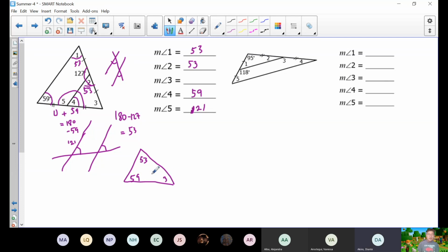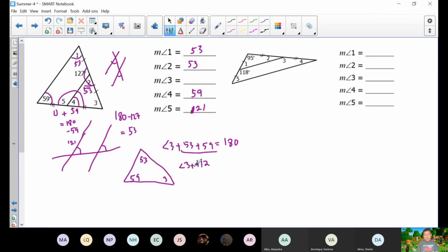A triangle always makes 180, right? So angle 3 plus 53 plus 59 equals 180. Add together, 112, right?